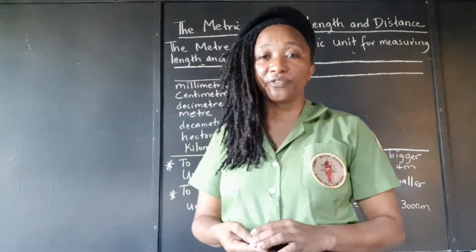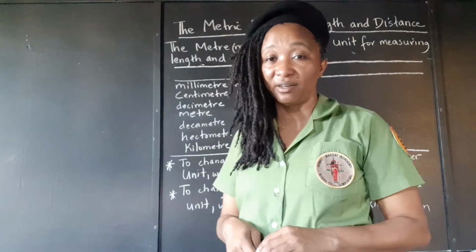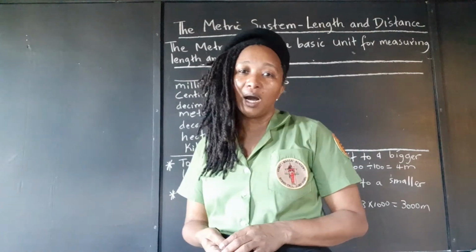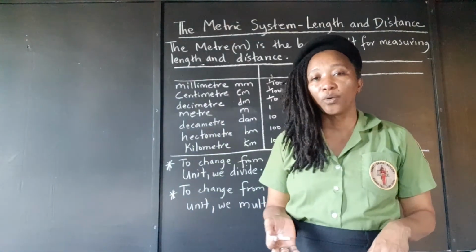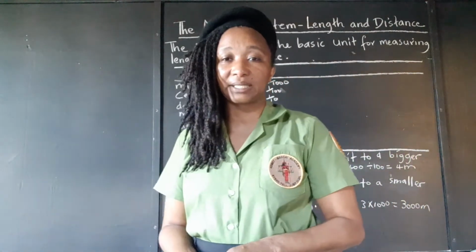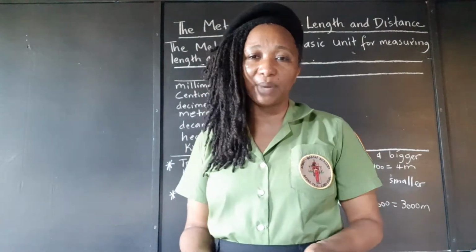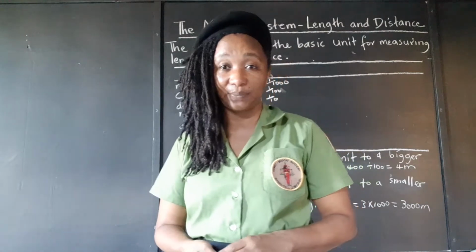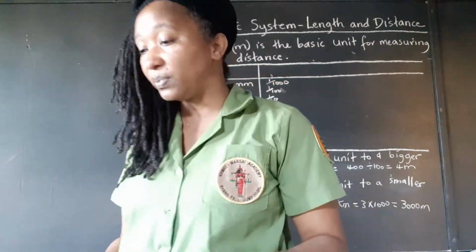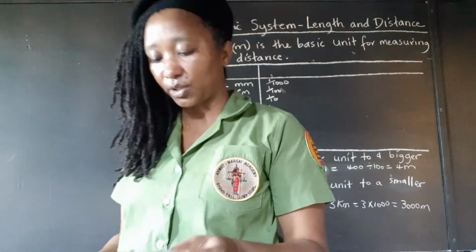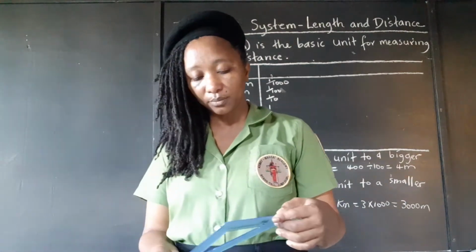What we're going to do first though, just to have an idea of what exactly we're talking about, we're going to do some measurements to see what we mean by a meter, what we mean by a millimeter, what we mean by a centimeter, right? So I have some objects here that we're going to measure, and I'm going to use my ruler.